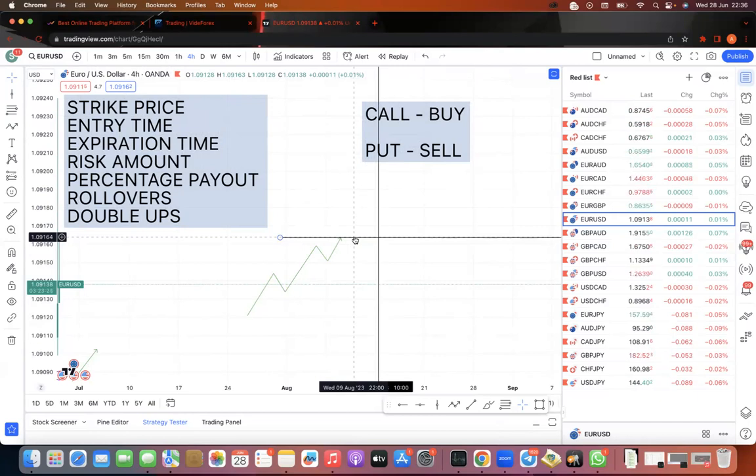If it's above at the end of the 5 minutes, when it touches this deadline, I'm going to win this trade, because that's what I predicted when I clicked on the call. But if it is below, which is against what I predicted, I am going to lose the trade.